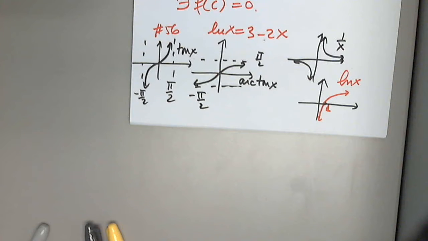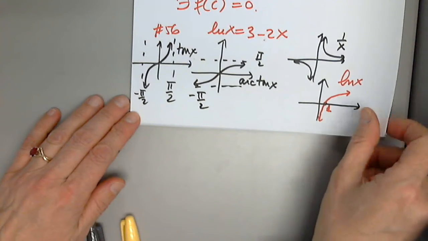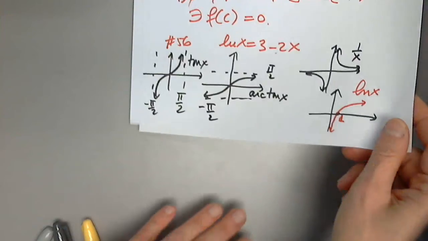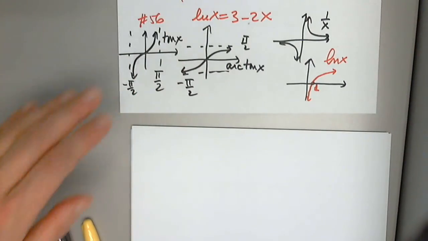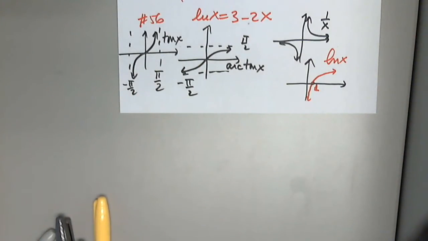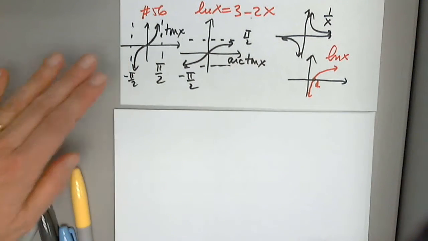So please commit to memory these 4 functions moving forward. It's the first time this class we encounter natural log, so this is the first time we graphed it. We have other functions that I have to refresh your memory on, but for now, these 4 are good enough.